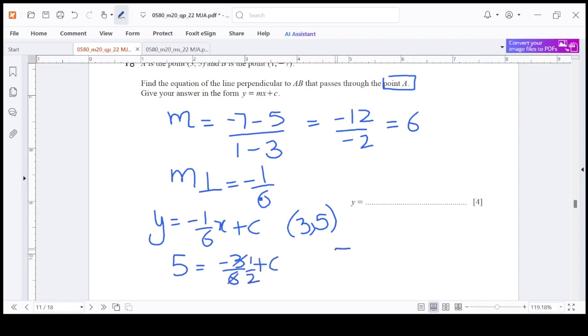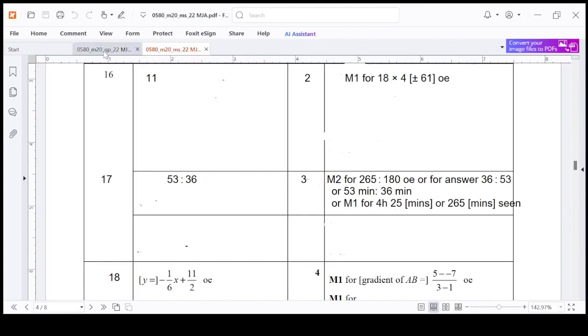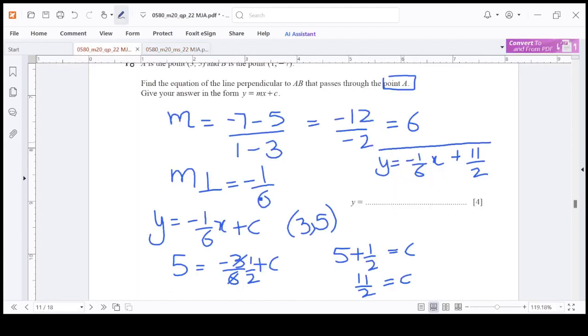When it goes to the other side, it becomes plus half equals c. So we have 11 over 2 as c. So y equals minus 1 over 6 x plus 11 over 2. Let's check the answer. Okay, yes, that is the correct answer. Also, it's better to write this as a mixed number, but again, that's optional.